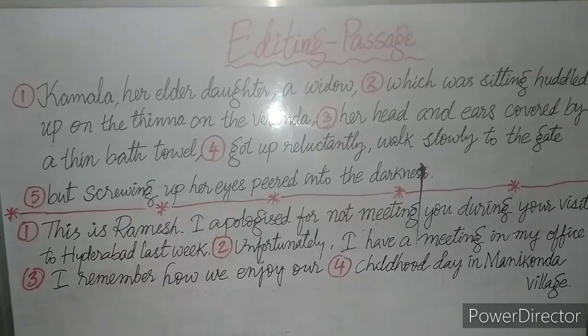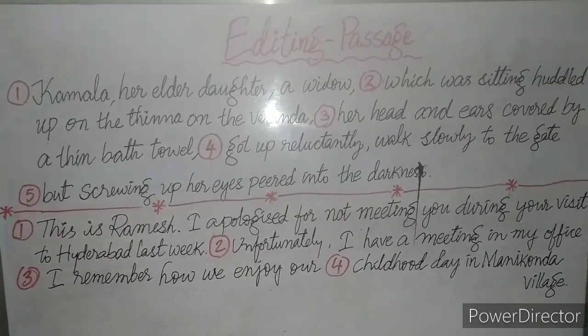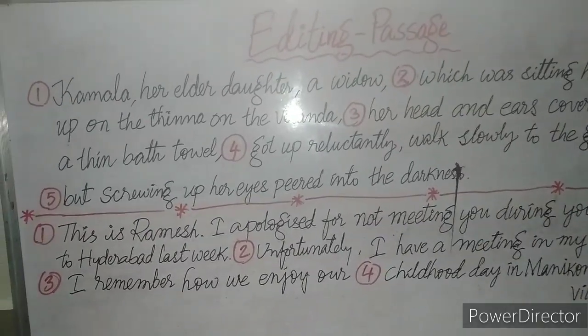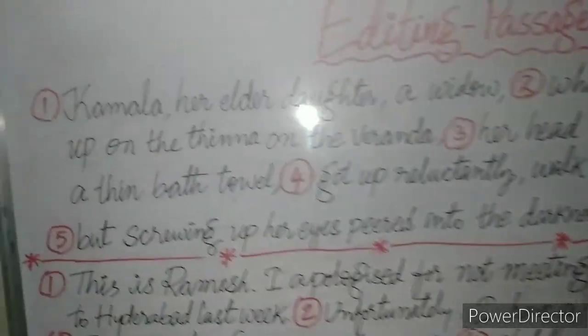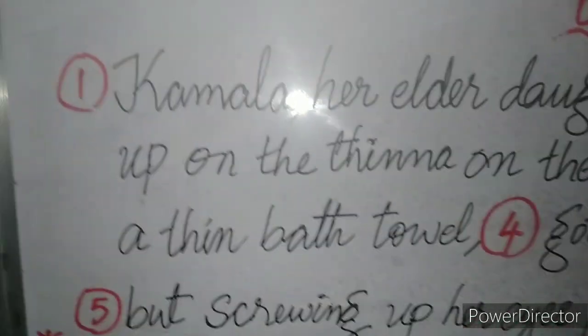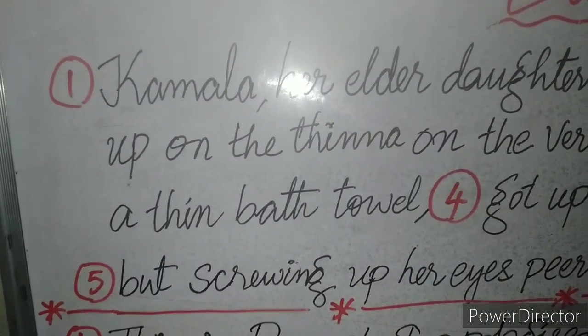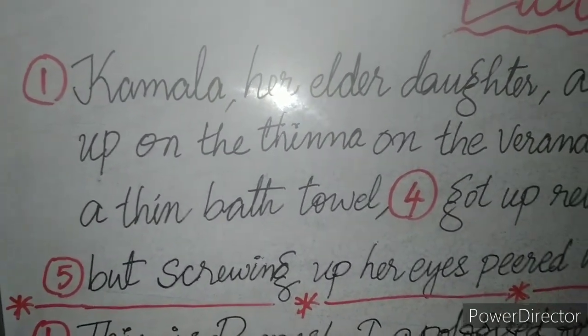Okay, children, now let's check it out. First passage is from The Tattered Blanket from 8th class. If possible, find out what the mistakes are here.